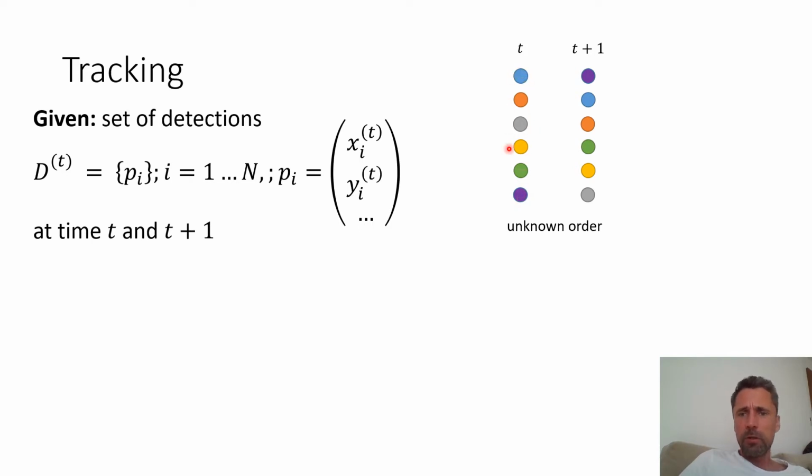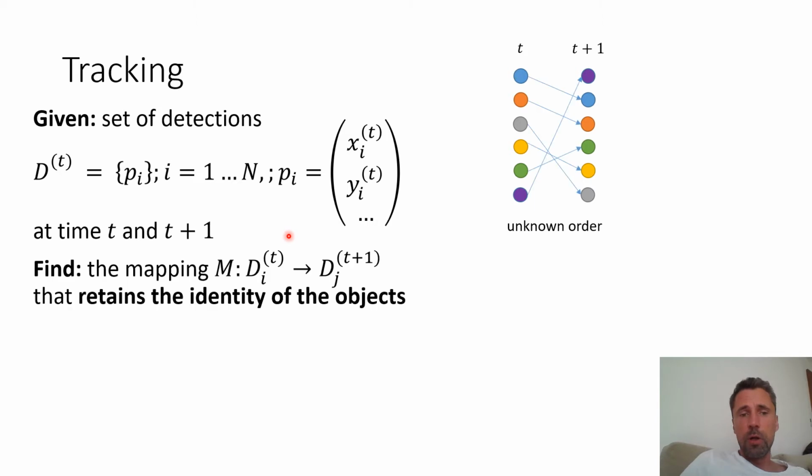And you have those detections for a time point t and a time point t plus 1, and now your task is to find the mapping between those detections, such that the identity of these detections is retained. So there's no mix in colors, right? So blue goes to blue, orange goes to orange, and so on.